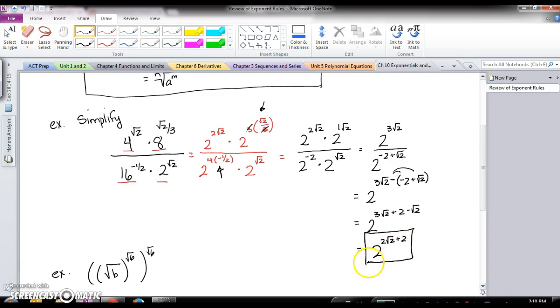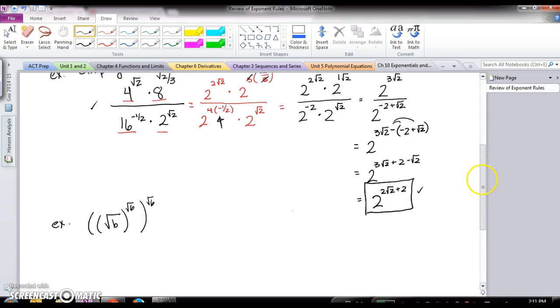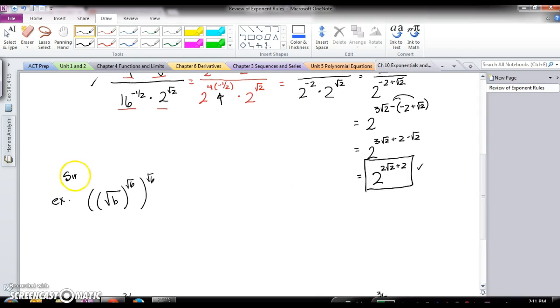And I know that solution looks still a little messy with that 2 rad 2 plus 2 exponent. It's kind of gross looking, but I think we can all agree that that answer is more simplified than the original problem was. So I guess that's a bonus. Let's look at the next one. Again, we're simplifying.